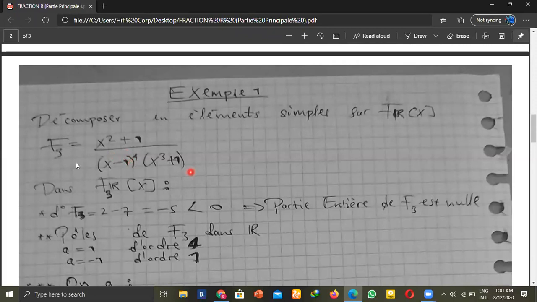Mwana Kasale, is this whole thing decomposed in R?